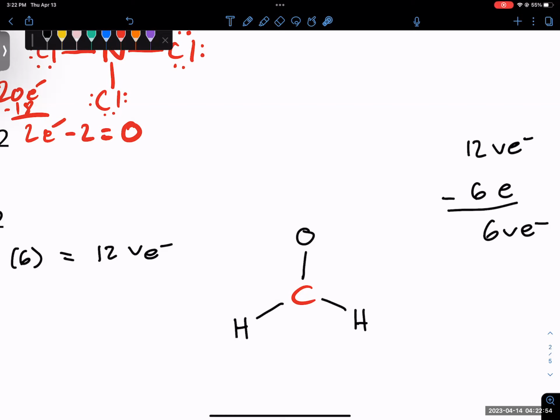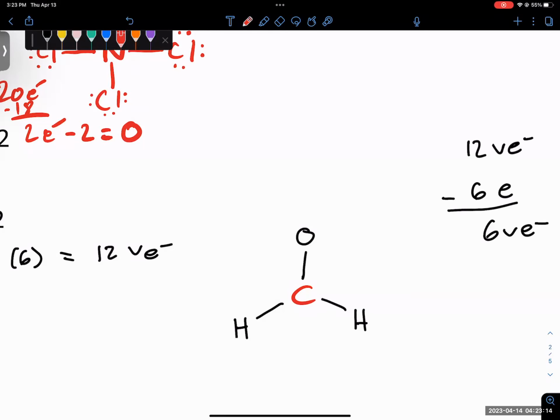Right now, oxygen only has 2 valence electrons because it's sharing the 2 with carbon. If it wants to get 8, you would need 6 more. Someone said 6, and that's the right answer.